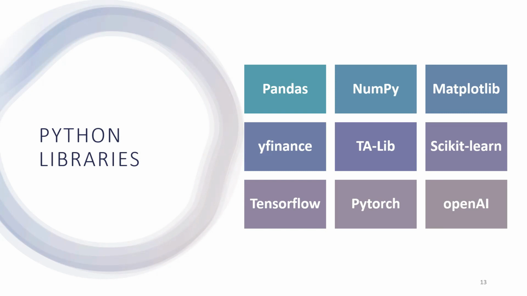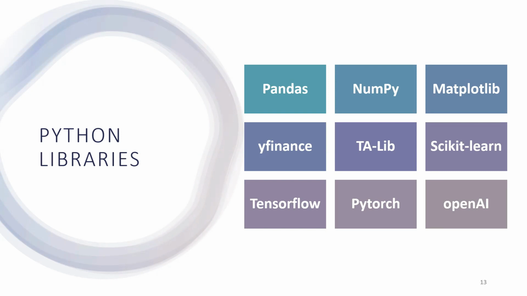The TA library is the technical analysis library. This provides you with all those indicators that you use in technical analysis, for example RSI, the relative strength index, and moving averages, including exponential moving averages. All these technical indicators have been implemented in the TA library.